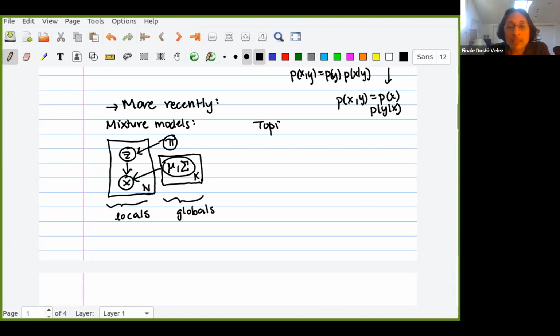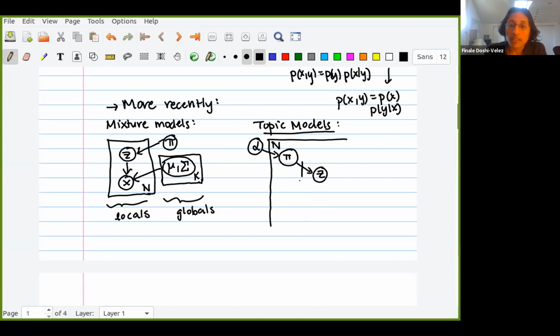Another model that we looked at was topic models. And in topic models, we had some Dirichlet parameters alpha, and they produced these document specific parameters pi in terms of what are the proportions of the topics inside the document. And then remember we introduced that notion of Z. So for every single word, what topic did that word come from?